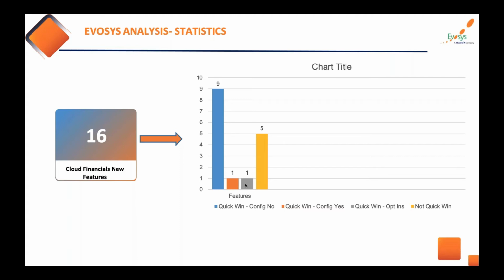There is another one, a quick win feature. You just need to enable it and you can start using it. But there are also quite a few new features which are coming in, which are not actually a quick win, but from a business standpoint, we have done the analysis and we feel that it's going to be business impactful. So in my upcoming slides, we'll see those features.